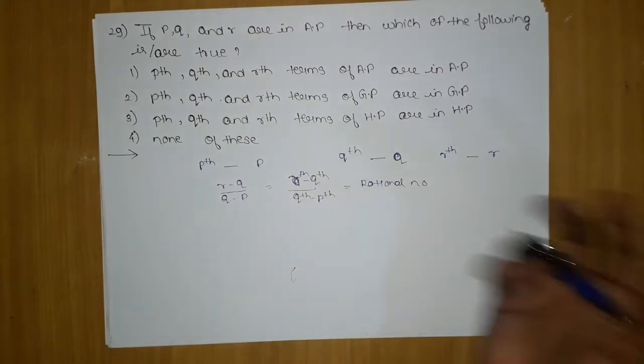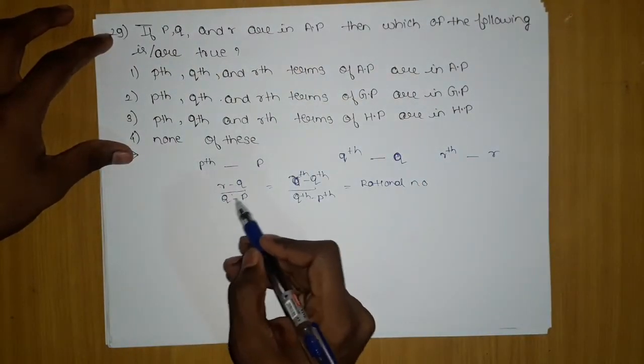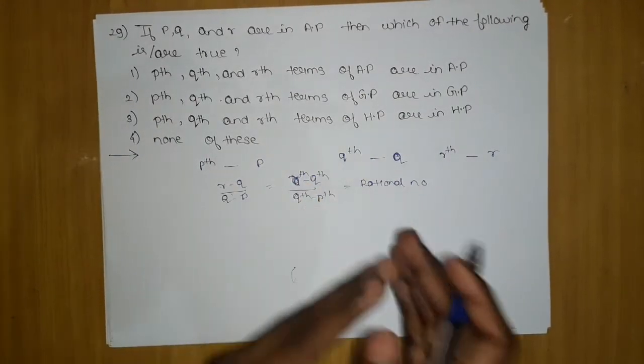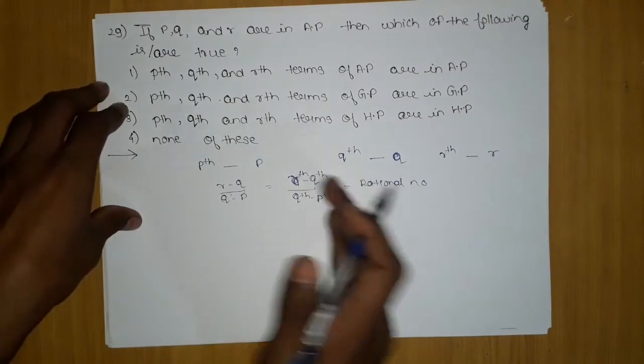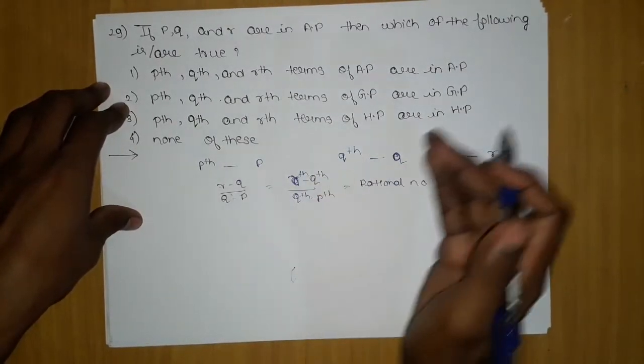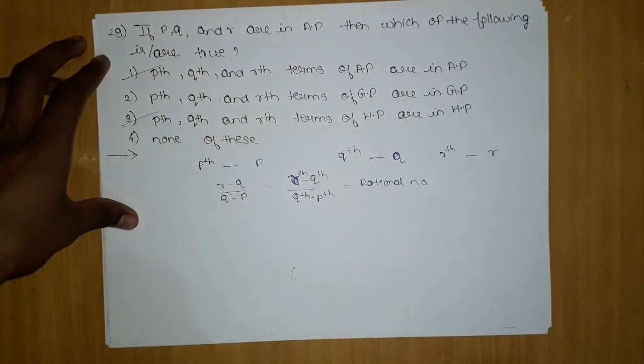Since they are in AP, it will be a rational number. If they are in AP, then the terms are also in AP. If it is true for AP, then it will be true for HP. So my first option for AP is true.